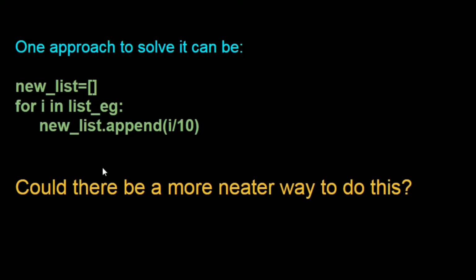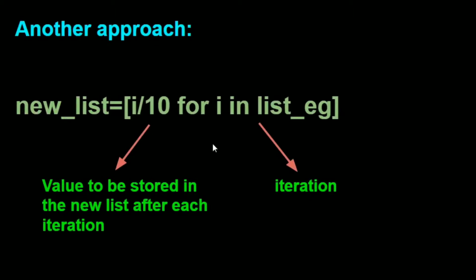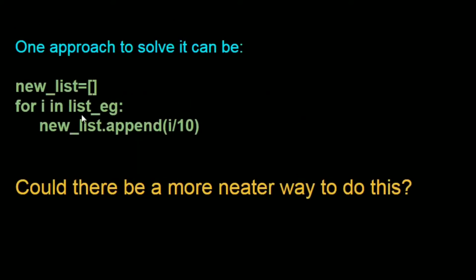But could there be an easier way to do it? What do you think? Well, there is, and the answer to it is list comprehensions. It's not necessary to take an empty list anymore. You take a new list, and inside that you say i divided by 10 for i in list example. Now what it basically means is the for loop that we were applying, we are putting it inside the list.